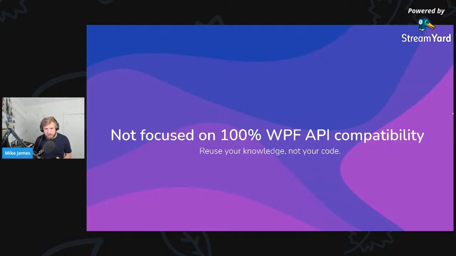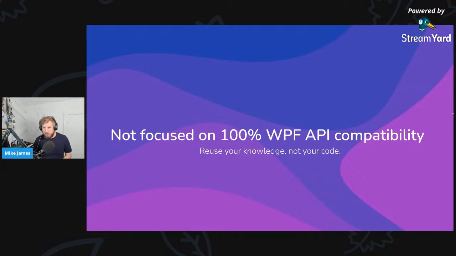One of the things I really like about Avalonia is that they don't create an API that isn't going to work across all of the platforms that they're targeting. So you're not going to find yourself in a situation where a particular feature just isn't going to work on a platform that you want to build for.